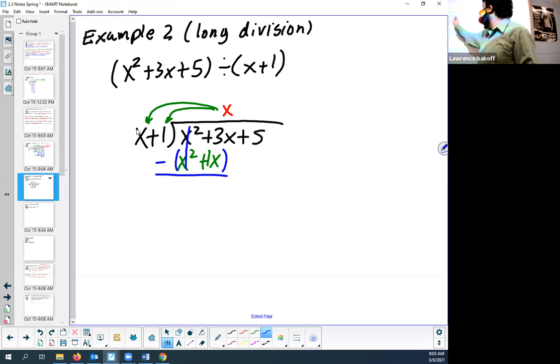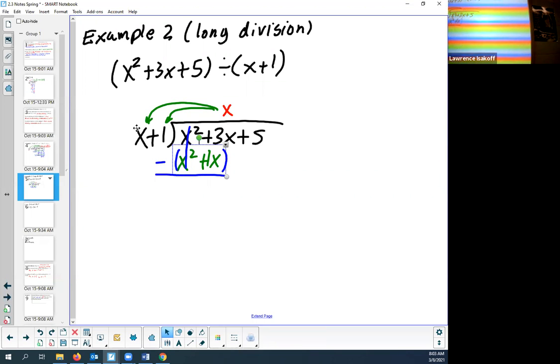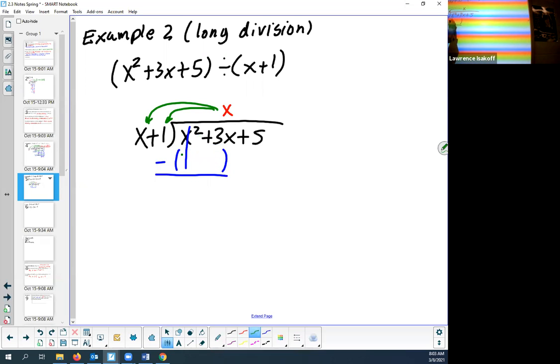Then I'm going to do 3x minus 1x. Actually, let me write that just slightly clearer. So this was x squared plus 1x, because it almost looked like it said 4x there.